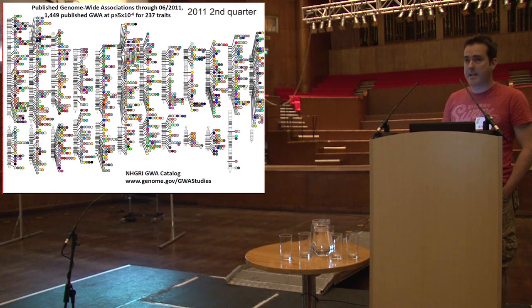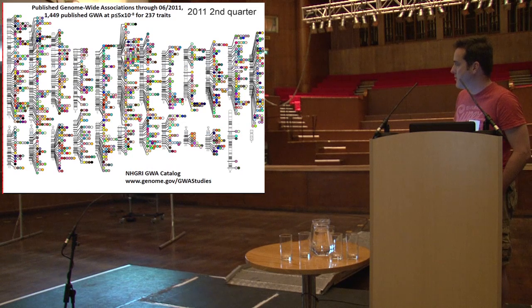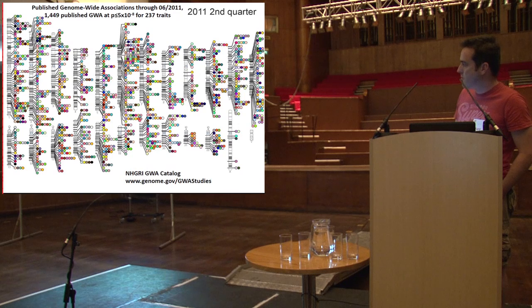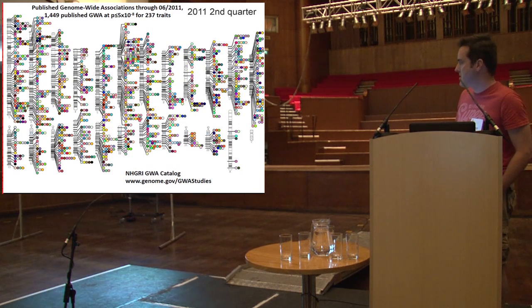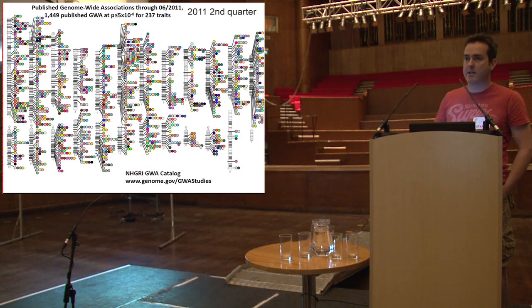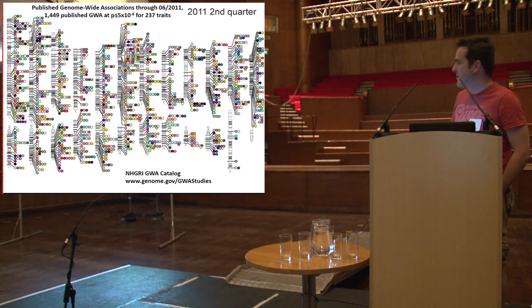This is where we are now, at the end of 2011 anyway. That's the same diagram as you saw before, but every time you see a little coloured dot, it means that we know about a gene that causes a disease or a trait. So at this stage, we're up to about 1,500, which is quite an achievement in the last 10 years.